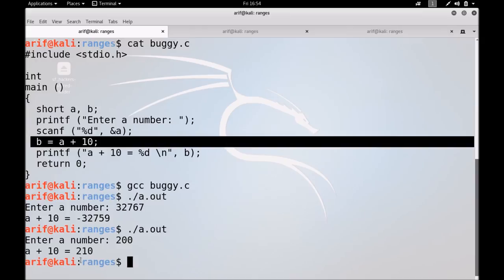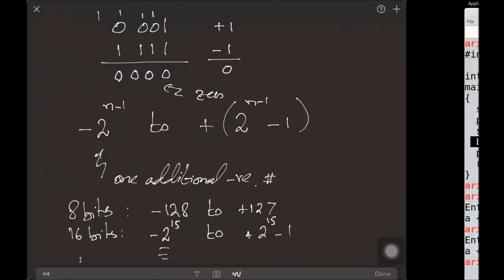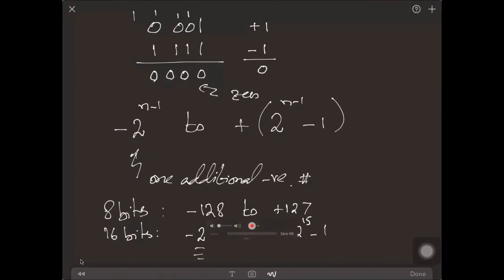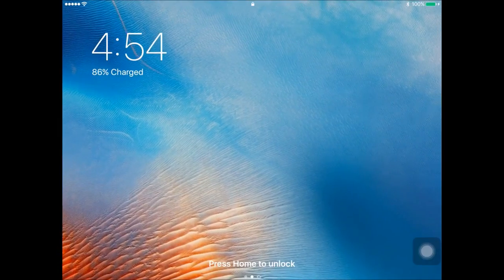Let me move on to the board again and try to explain it to you by doing a bit of arithmetic.